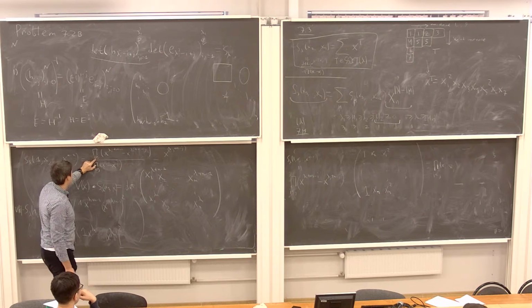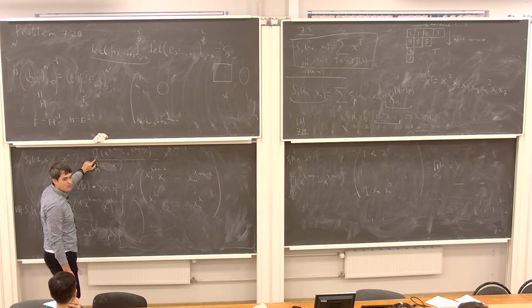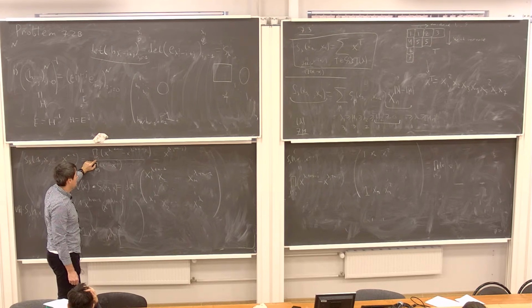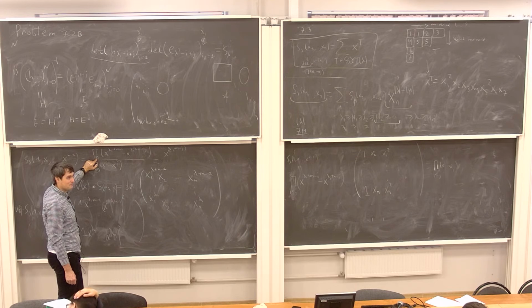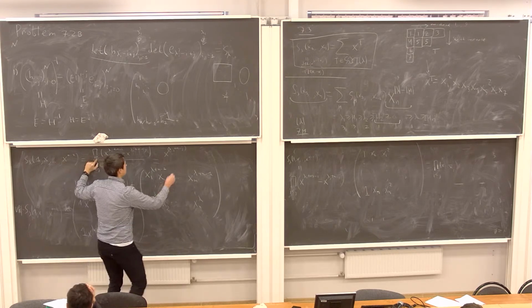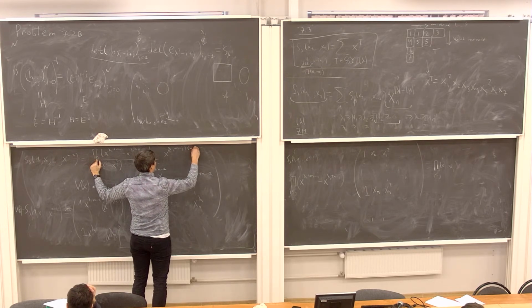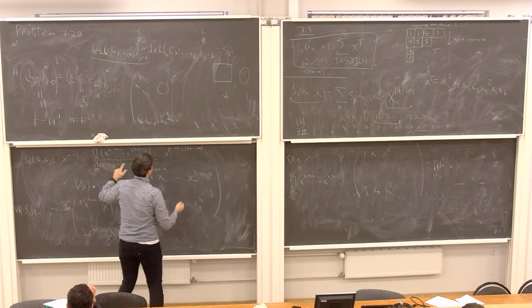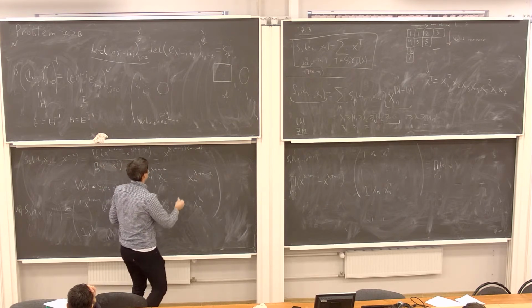If you fix j, you have n minus j multipliers.